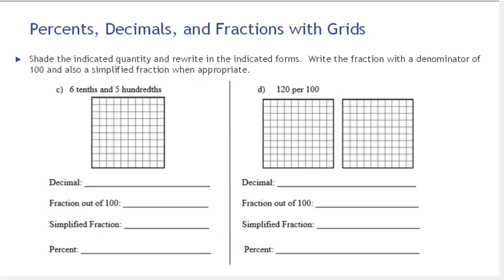Let's look at a few more. Now we have 6 tenths and 5 hundredths. So that's 1, 2, 3, 4, 5, 6. 6 full columns. I'm not going to shade this perfectly, you get the idea. And then 5 hundredths, so up to here.